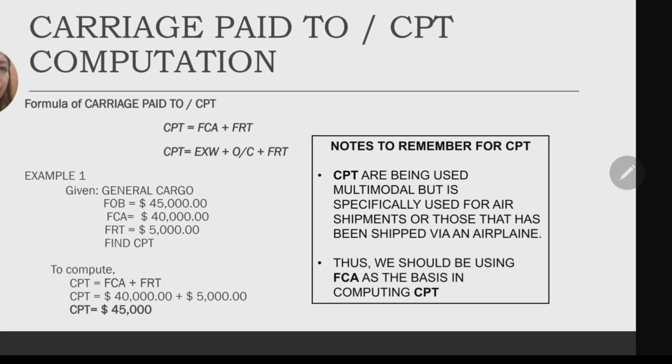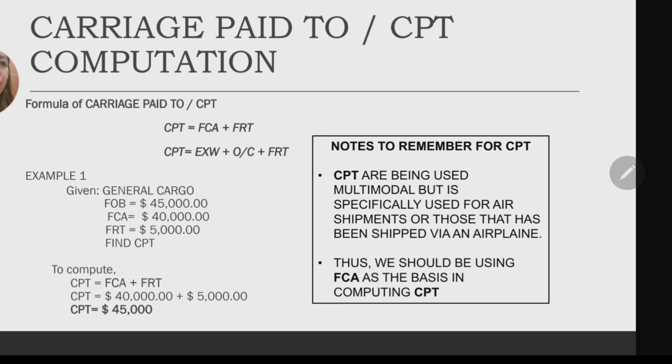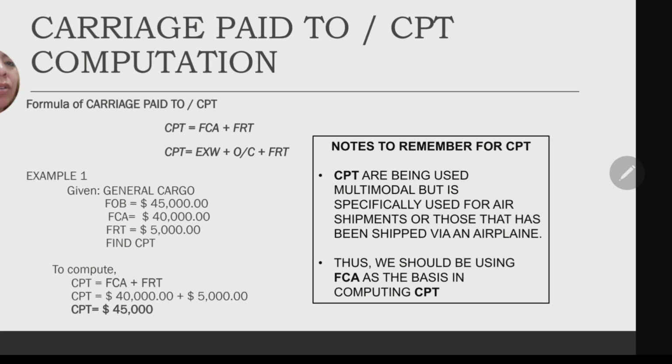The given example is a general cargo, and there is an FOB value of 45,000 US dollars, FCA value of 40,000 US dollars, freight of 5,000 US dollars, and we are again looking for your Carriage Paid To, or CPT. To compute, we just need to substitute our values.